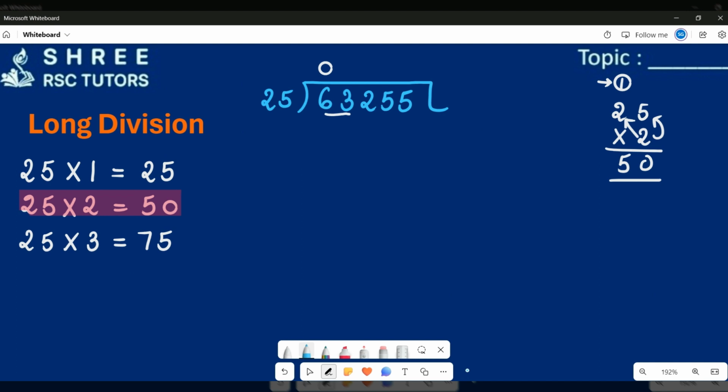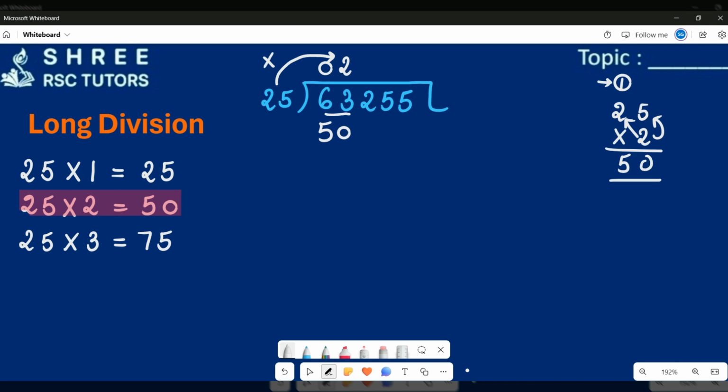So I will write 2 at the top and I'm going to write this 50 here, because whenever I write any digit at the top, I will be multiplying it with 25 and whatever answer I get, I'm going to write it underneath the number that I divided by 25. So I divided 63 by 25. That is why I'm writing this 50 underneath 63.